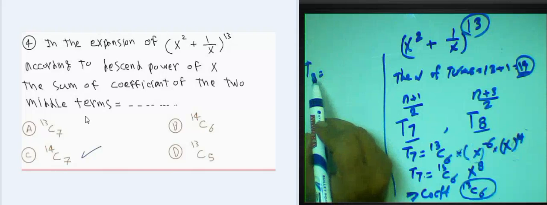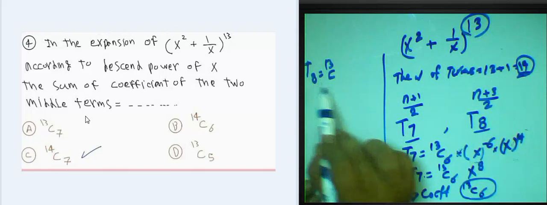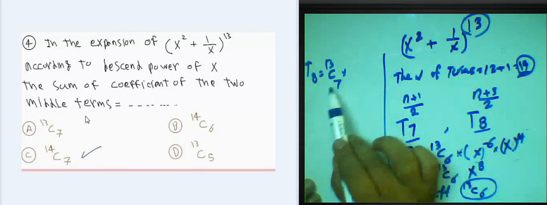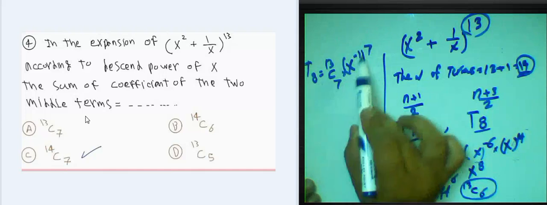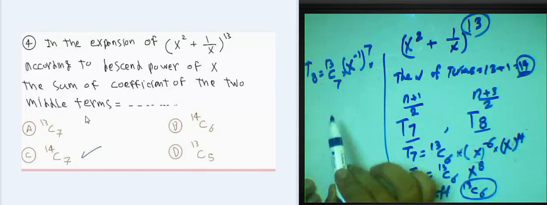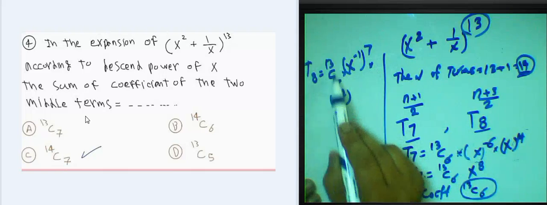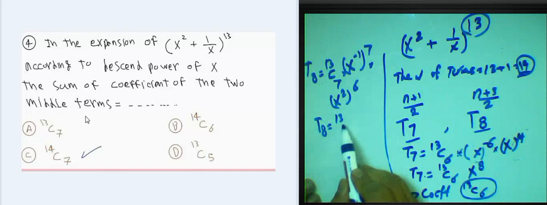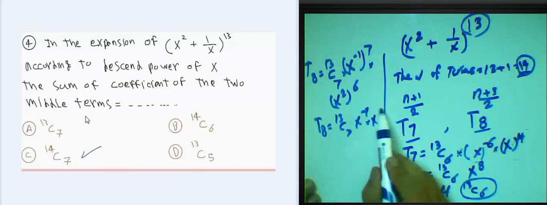Term 8: 13 combination 7, multiplied by the second to the power 7, which will be x to the power of negative 1 times 7, multiplied by the first, x², to the power of the difference between 13 and 7, which equals 6. Then term 8 would be 13 combination 7 times x^-7 multiplied by x^12.